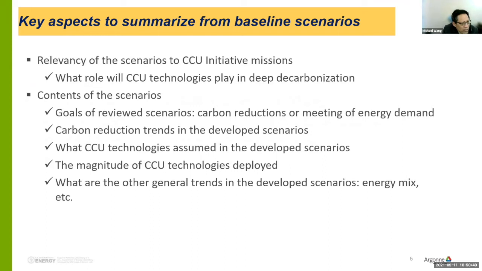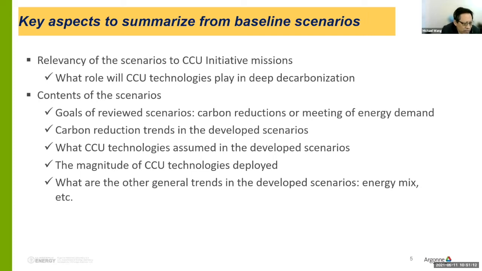The key aspects to summarize from those scenarios are the relevancy of the scenarios to the CCU initiative's mission. So what role specifically will CCU technologies play in deep decarbonization?